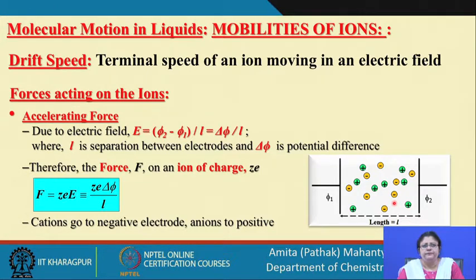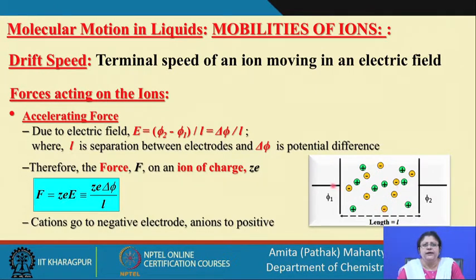Okay. If we want to find the force on a particular charge, say Ze, what will the force be? Here e is the electronic charge, and Z is the number of charges associated with the ion.